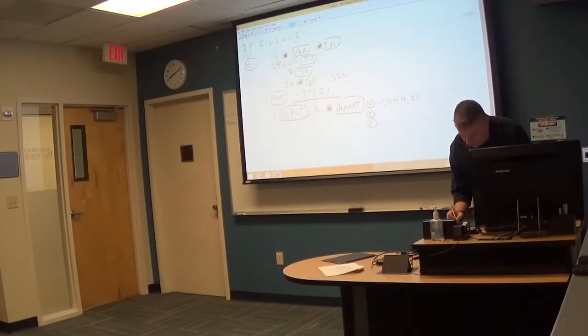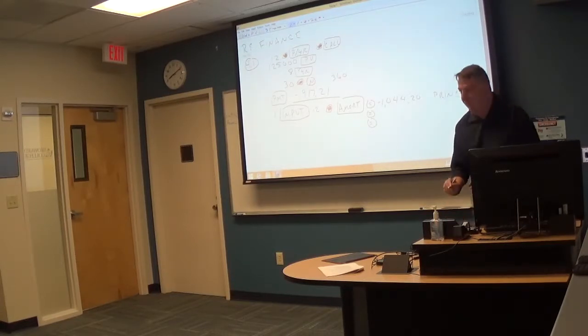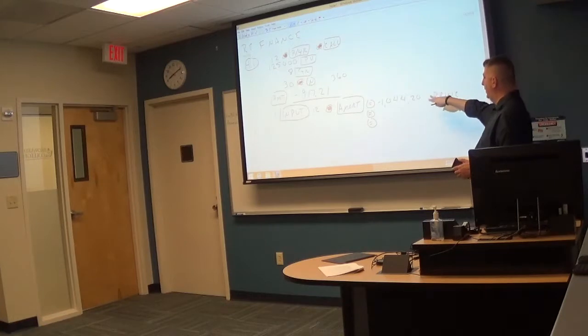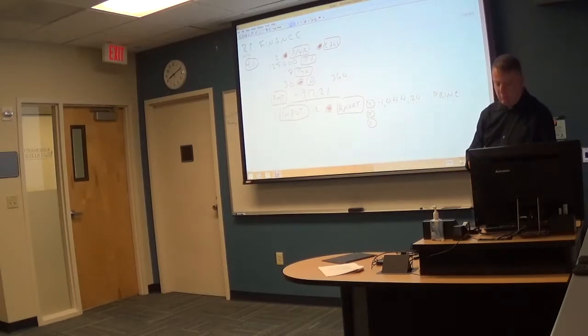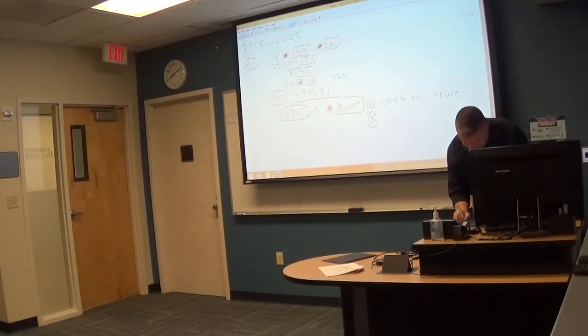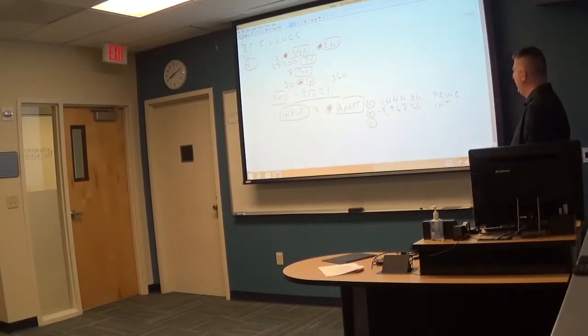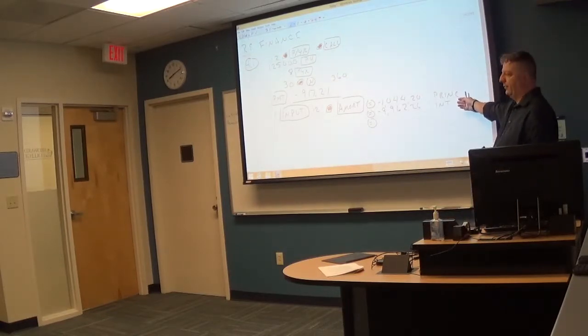Well, that's not what we're searching for, but that's the information that you're going to receive: the principal that has been paid during that first 12 months or first year. You hit the equal key again, and you get $9,962.26, which is the interest that has been paid over the first year or the first 12 months.